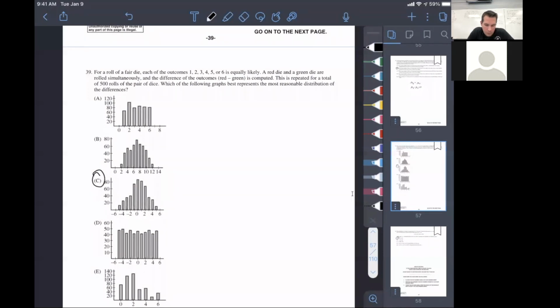So if you're rolling it 500 times, which is what it says, what's the most likely outcome? Out of 1, 2, 3, 4, 5, 6, in any of them, they're all equally likely. So if they're all equally likely for both die, the most common difference is going to be 0.